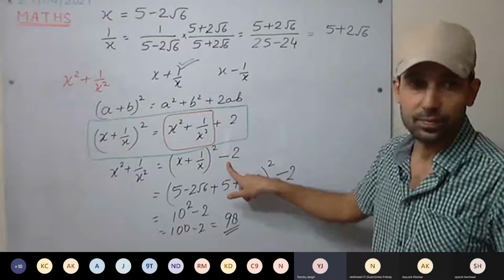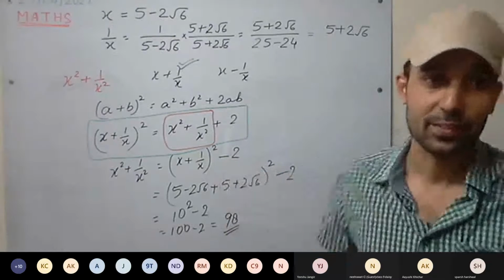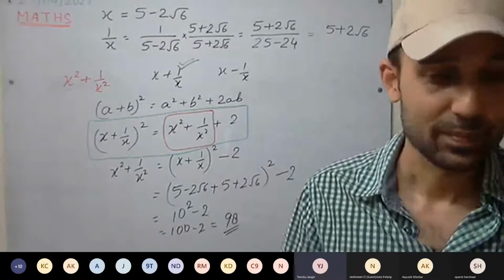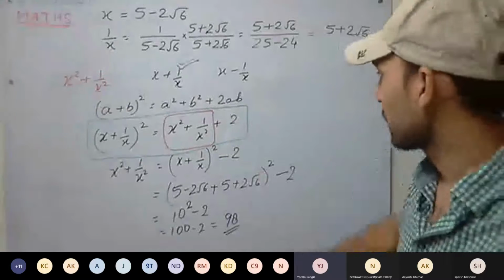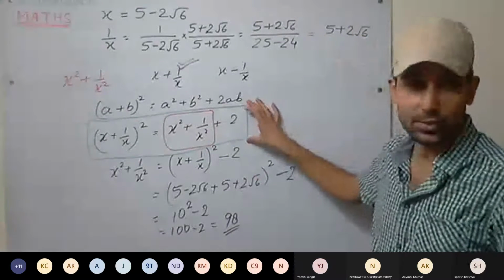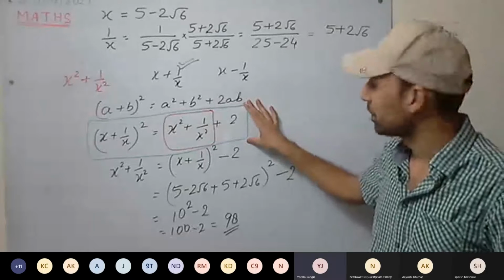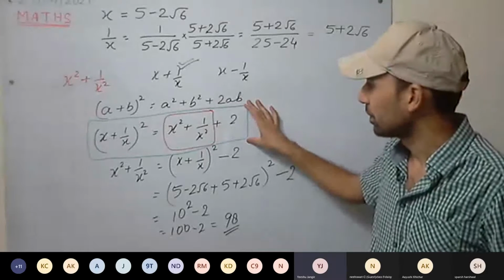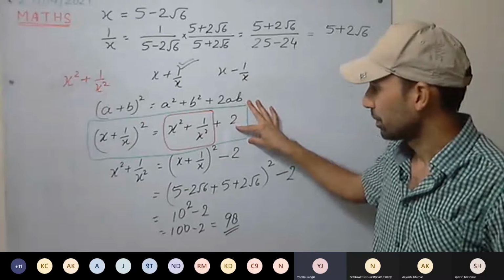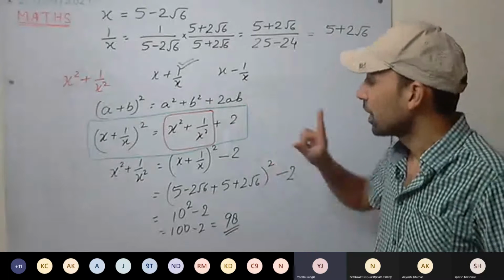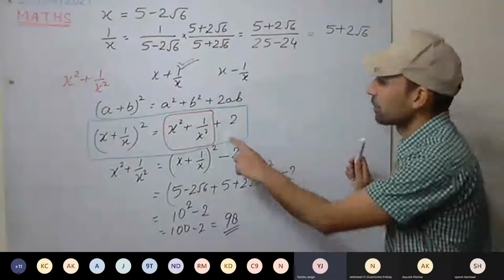I have a doubt here. Then ask. Sir, in the equation given above, you wrote plus 2, then below you wrote minus 2. Okay, see here.